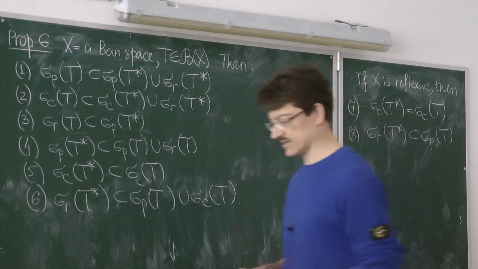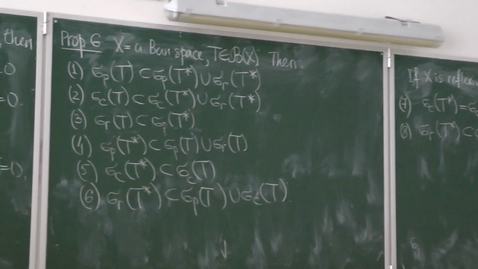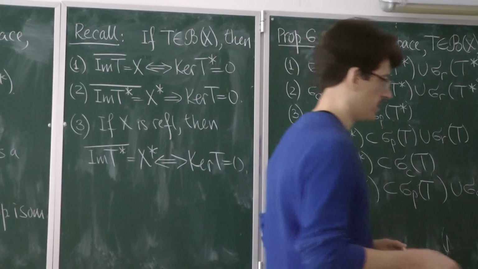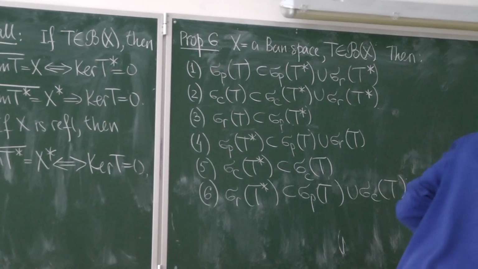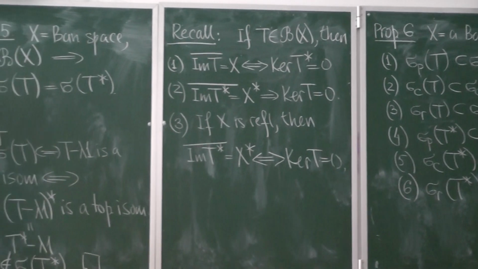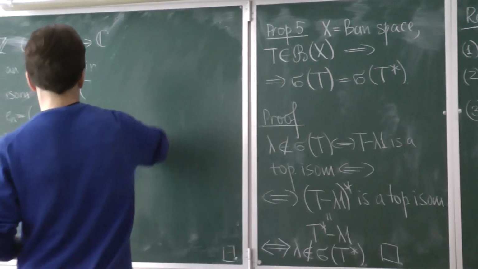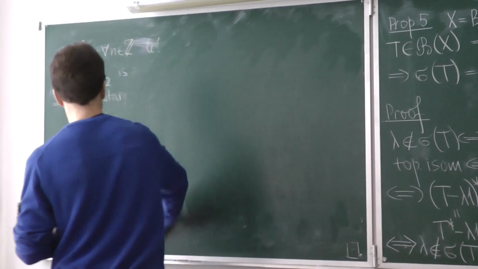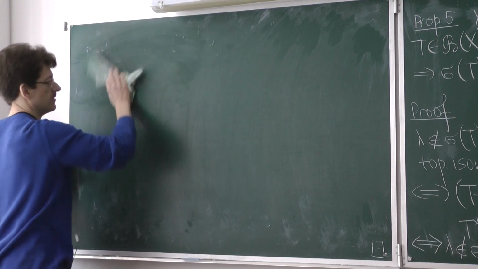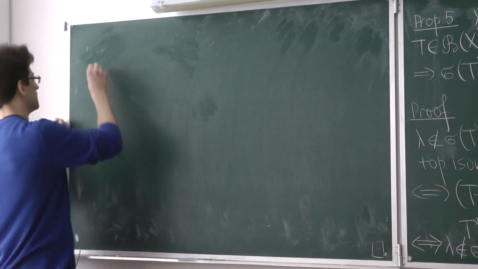Okay, so all these results follow from these general facts from the duality theory. Let's now look at how it works in concrete situations. As an application, and this is our final result for today, let's calculate the spectrum and the parts of the spectrum of the left and right shift operators on the little p spaces. Proposition 7.